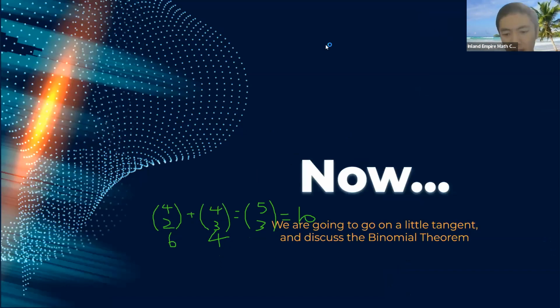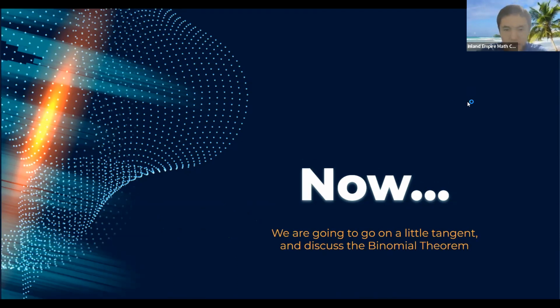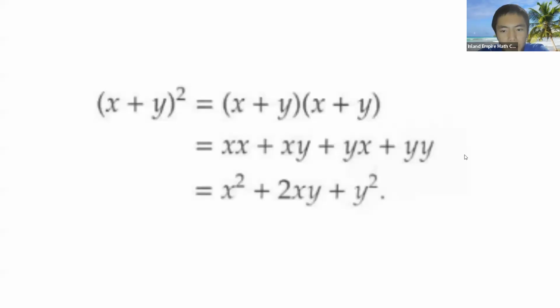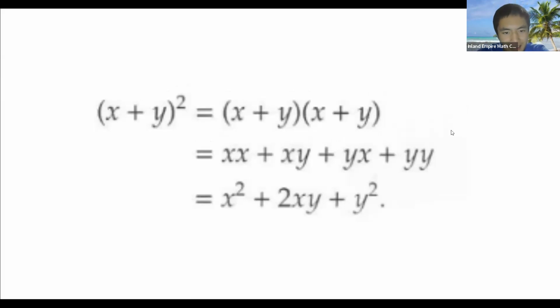Okay, so now we are going to discuss something that's even cooler, and that is the legendary binomial theorem. So, before we discuss the binomial theorem, let's look at this expansion.